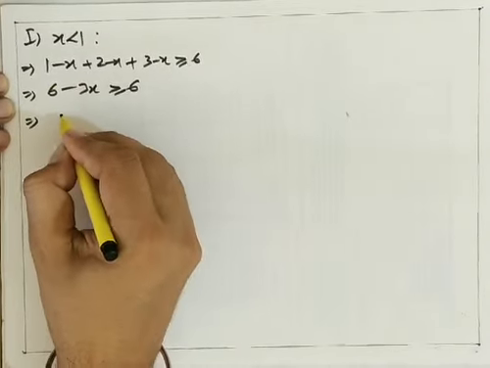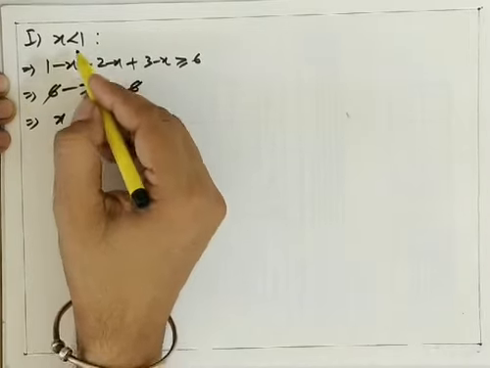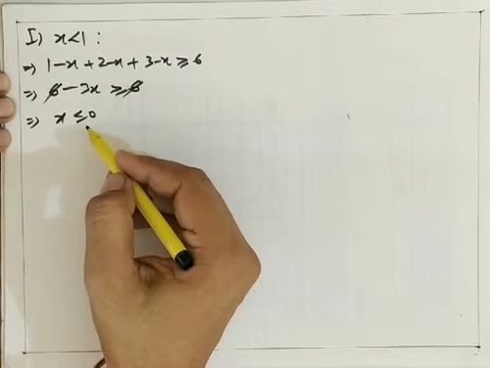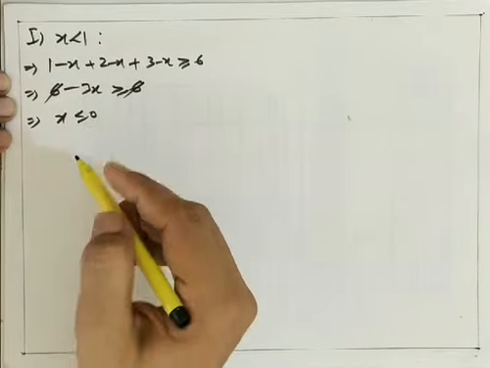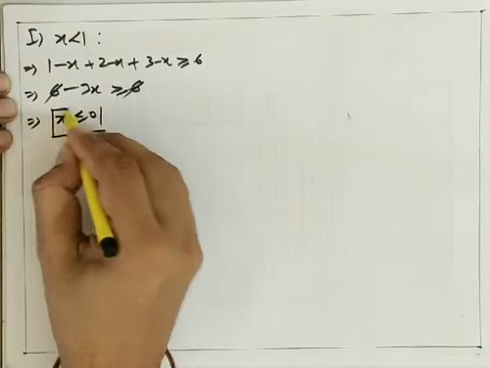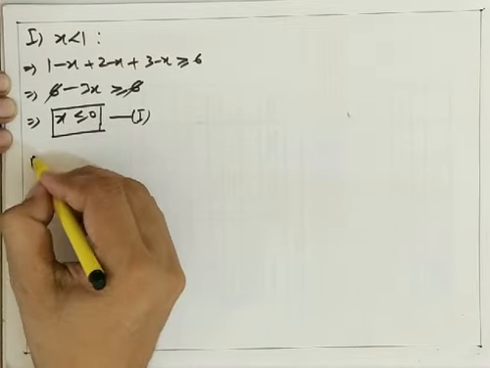So that means this is cancelled. x is less than or equal to 0. If we can see, this was x less than 1 and this is x less than or equal to 0. If I consider x less than or equal to 0, it will satisfy x less than 1 also. So this is the answer for the first case.